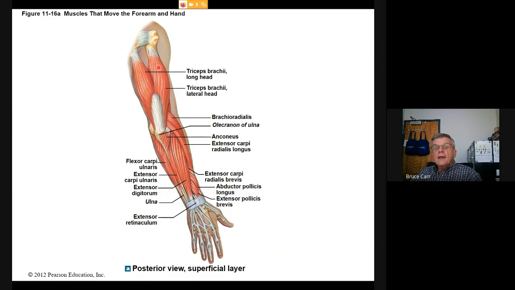The medial head is a very short head, and it attaches at an intermediate position, a little below the attachment of the lateral head. Three heads pulling against three attachment points. And when the muscles contract, they take this tendon, the insertion tendon, and pull on the exposed olecranon of the ulna.